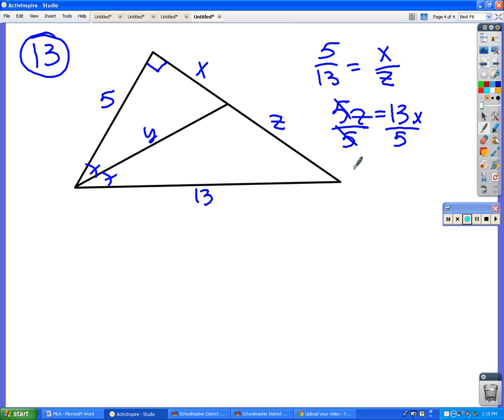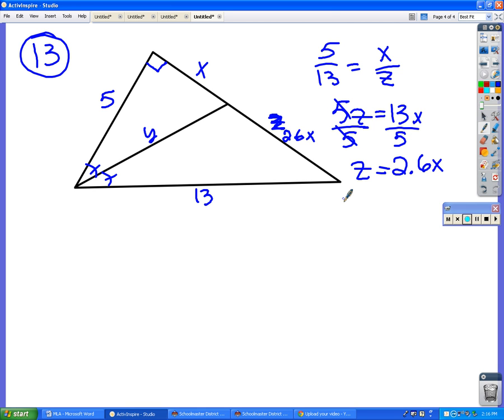Okay? So if I divide both sides by 5, what is 13 divided by 5? 2.6x, okay? So we know that z is equal to 2.6x, all right? So what I'm going to do then is replace this with 2.6x.